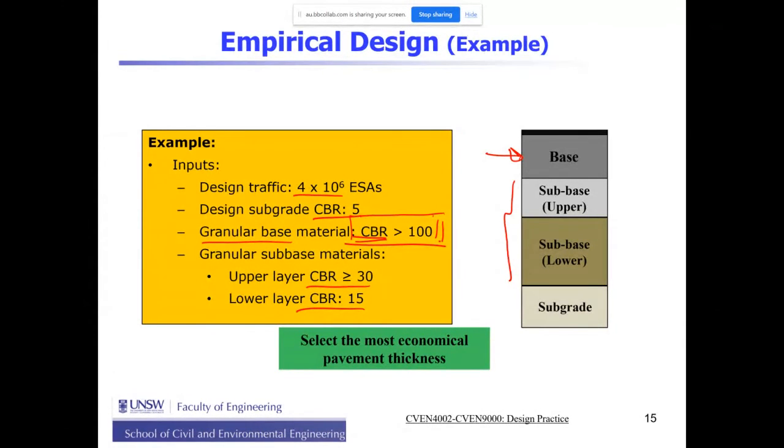Exactly, thank you very much. Yes, this is possible. This means that the material that we need to use for the base layer is stronger than standard material. Standard material is a well-graded crushed stone or crushed rock, so we can have a better quality material.